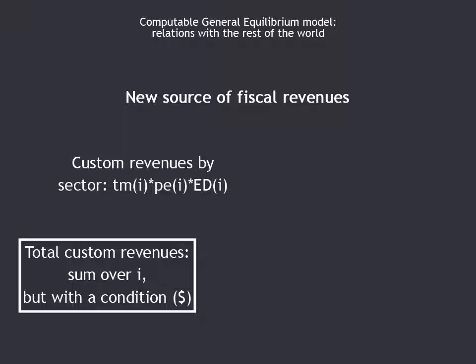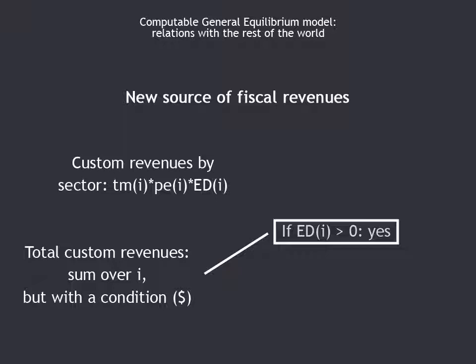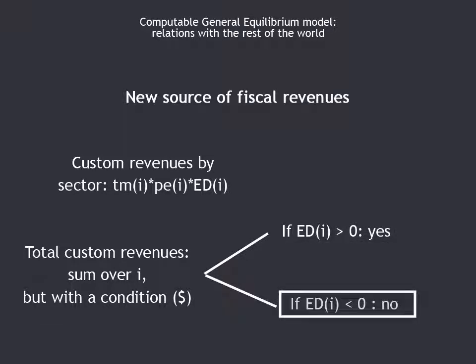I remind you that the conditions in GAMS are expressed by $. So you have to sum over I custom revenues by sectors, but with one condition, which is $. And the condition is you must have ED which is positive in sector I. So if it is positive, you must have it in the sum, in the addition, while if ED in sector I is negative, you must not select this sector to get total custom revenues.